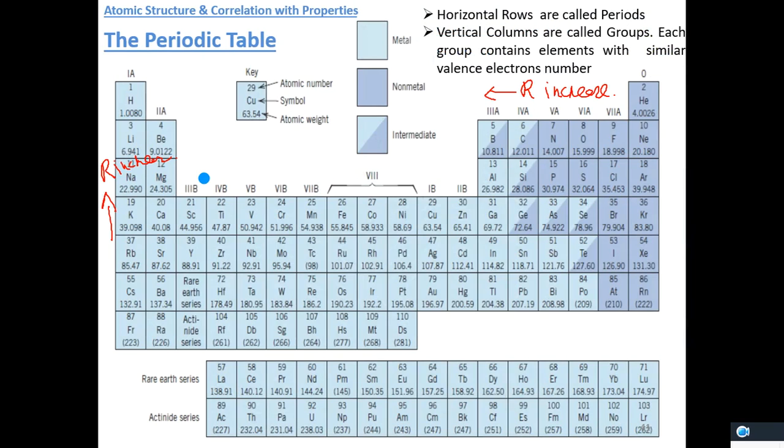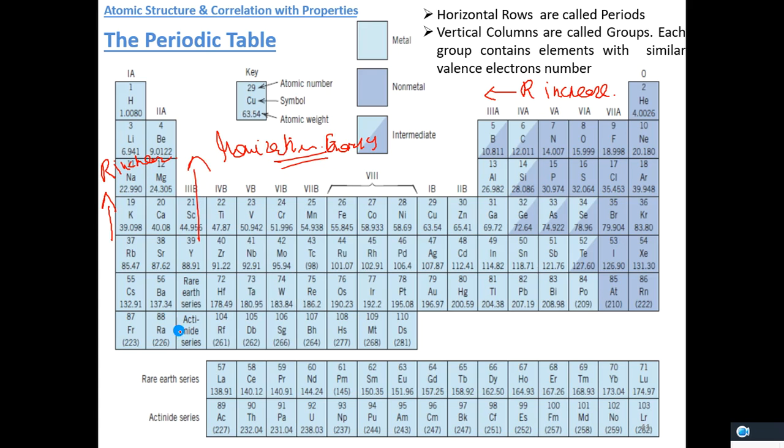And if we talk about ionization energy, what is ionization energy? It is the amount of energy that is required to remove electrons from an atom, and it increases from bottom to top. Why?